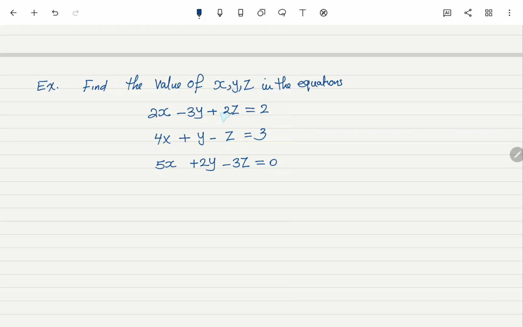Now, before solving this, let's find the determinant D of the coefficients, which equals 2, minus 3, 2, 4, 1, minus 1, 5, 2, minus 3. By solving the value of this determinant, we find D equals minus 17.